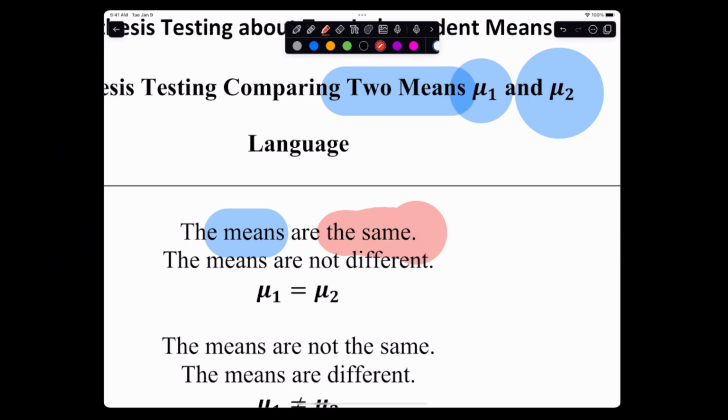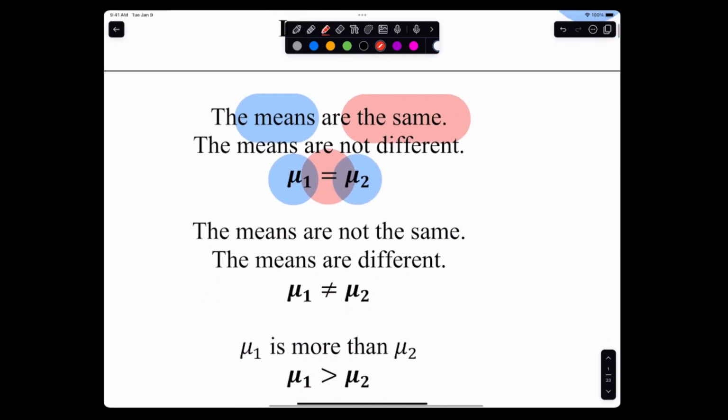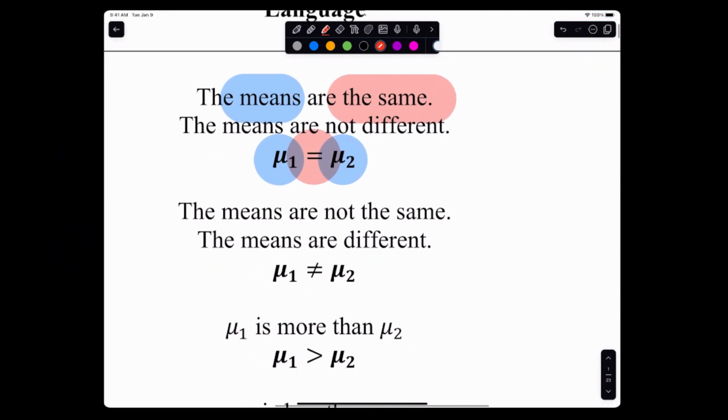So when they say that the two means are the same, what does it mean? Mu1 is equal to Mu2. They are the same. Now, what if they say your two means are not the same?